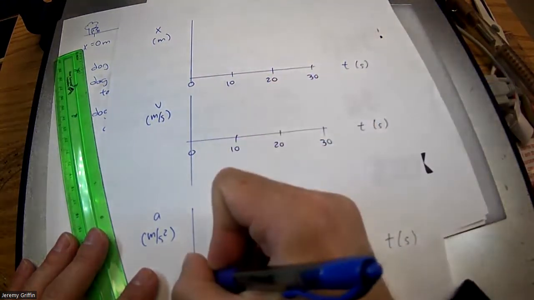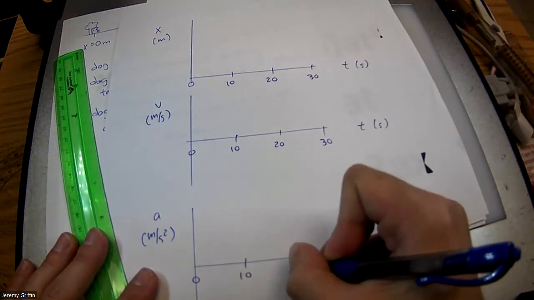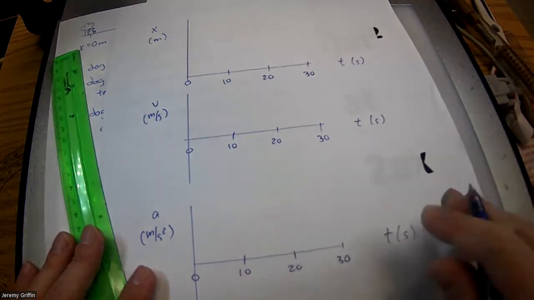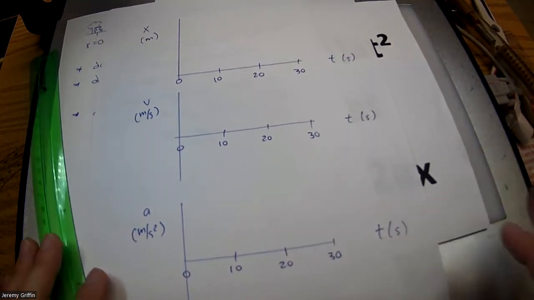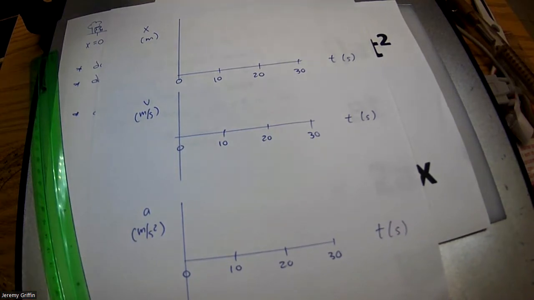I wonder if you guys can draw these graphs before I do. Give you guys a little head start here. Because if you can draw these graphs, then that means you know how this works. That's a good sign. And if you get it wrong, you just erase it. If you know what you're doing, go ahead.